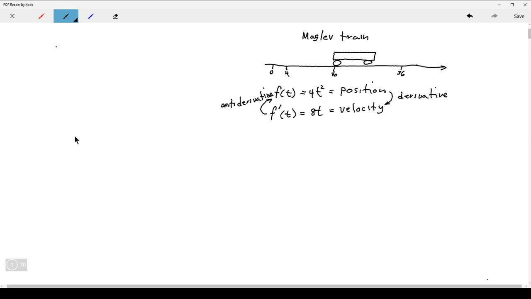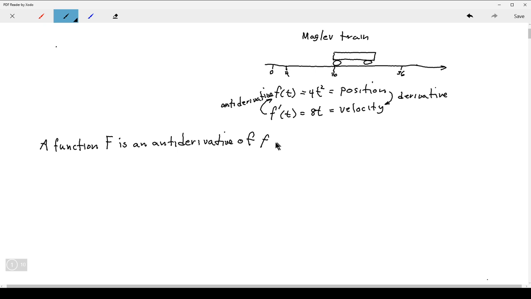All right, and the first one is a function which we will denote as capital F is an antiderivative of a function that we will call lowercase f.